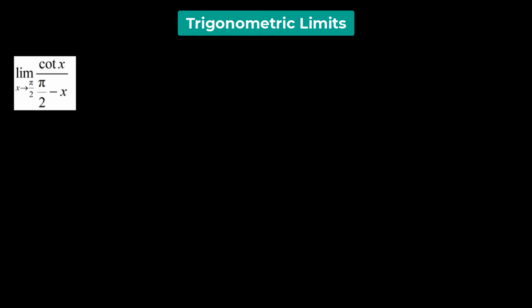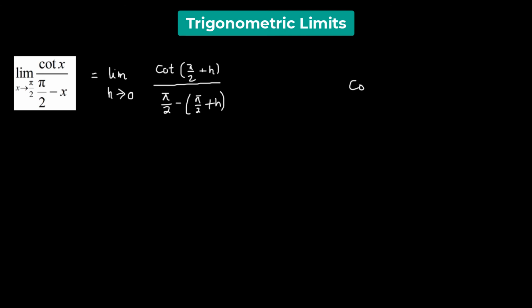So we have cotangent of x divided by pi over 2 minus x. We need to determine the limiting value when x approaches pi over 2. So we're going to change the limit from x to h. So we'll have cotangent of pi over 2 plus h divided by pi over 2 minus of pi over 2 plus h.